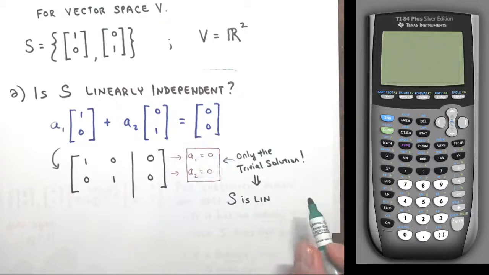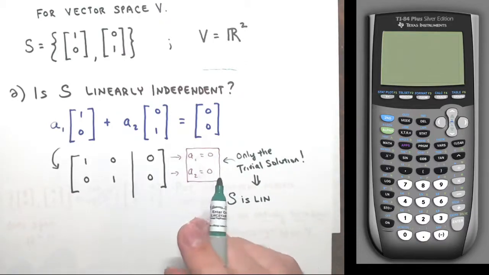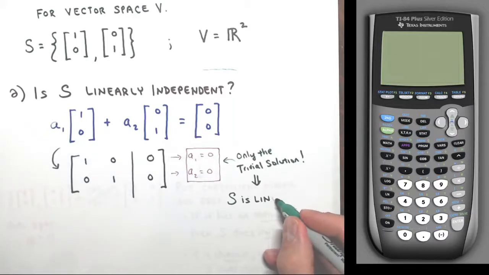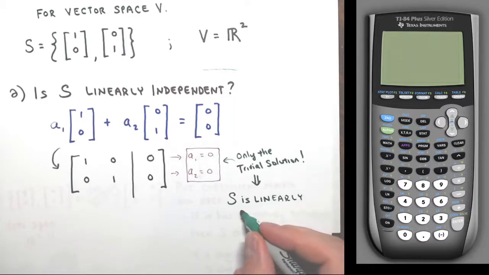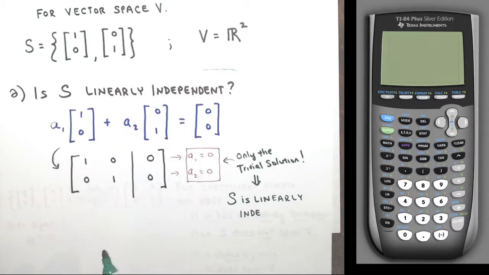If you could find a solution other than the trivial solution, then the set of vectors was dependent. And when they're dependent, that meant I can write one of the vectors as a linear combination of the others. But when they're linearly independent, like these are, that means I can't write any of the vectors in the set as a linear combination of the others, or a scalar multiple of the others in this case, because there's only one other vector.